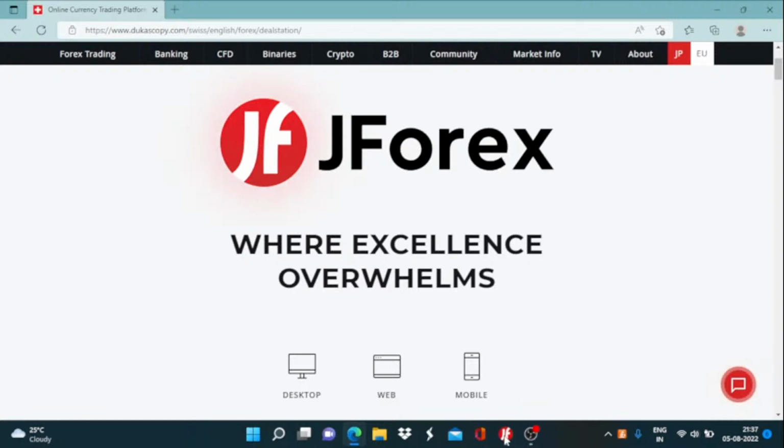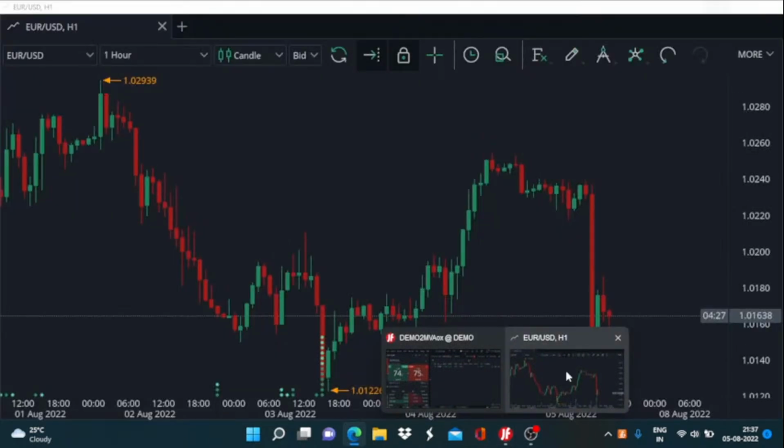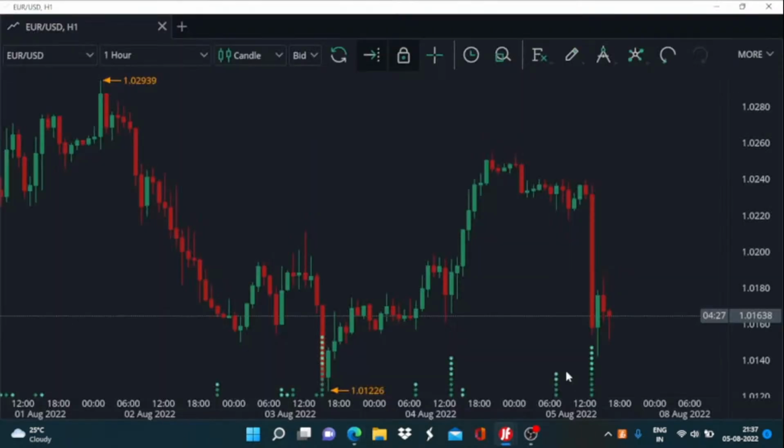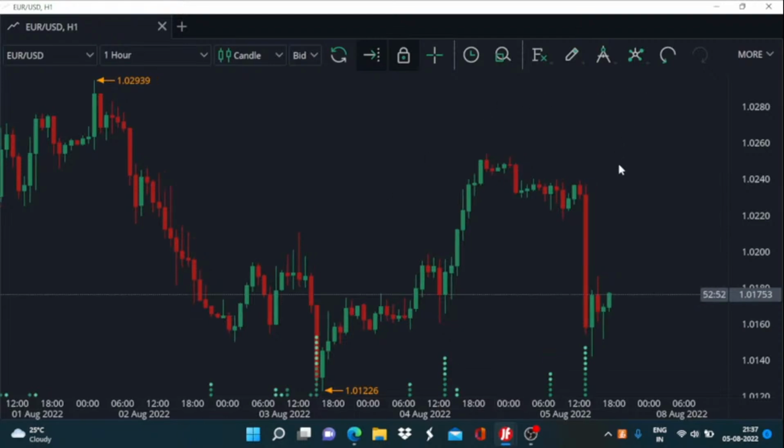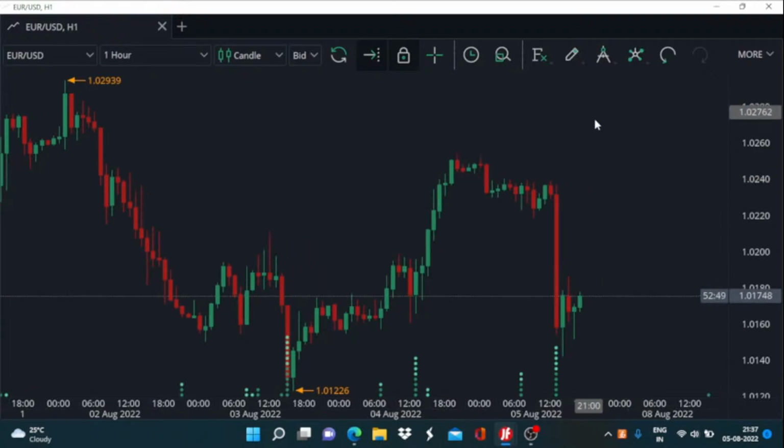So let us now head to the JForex 4 platform, which has been developed by the Dukascopy Bank SA. This is the newer version of the earlier platform, so do check it out. It has new additions in terms of the functional aspects, and it is looking much more aesthetic in appearance.